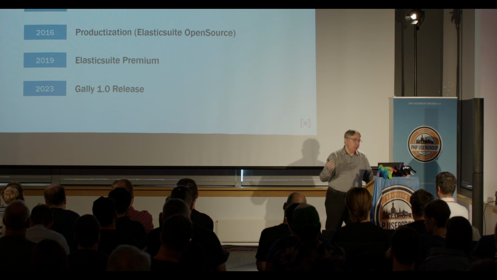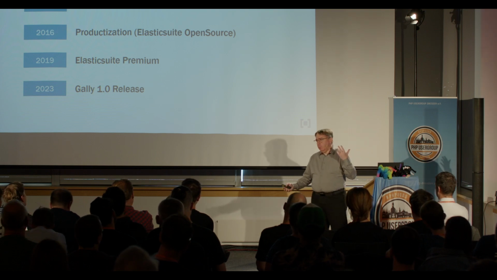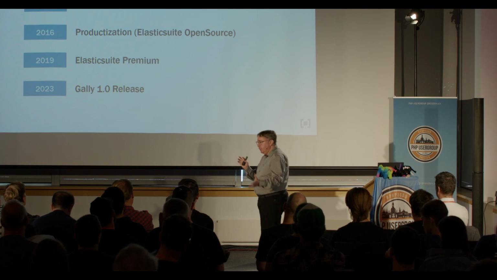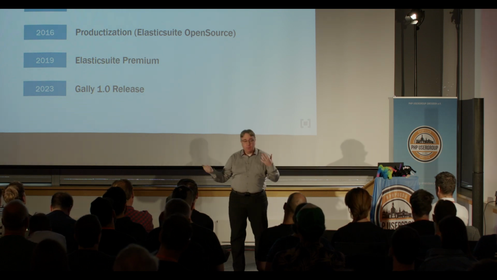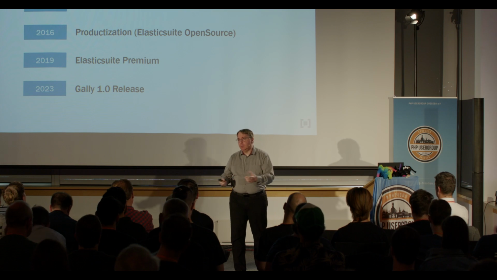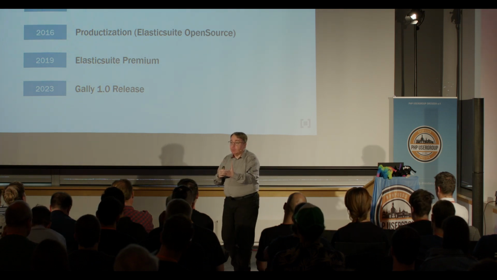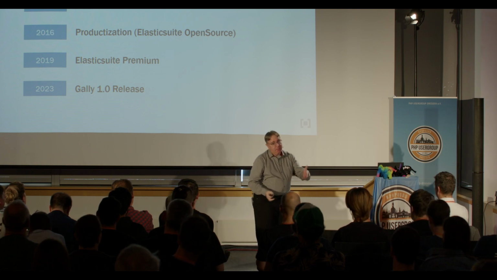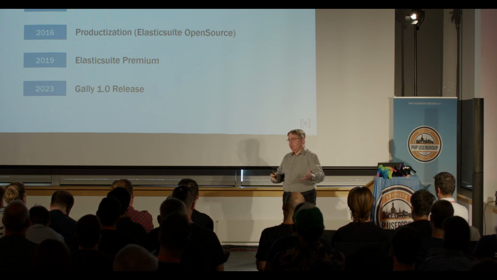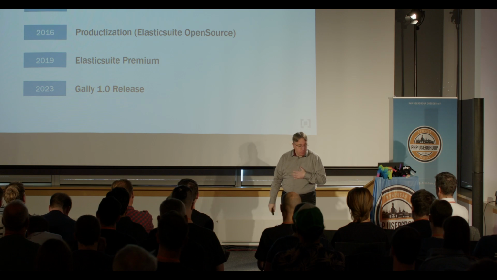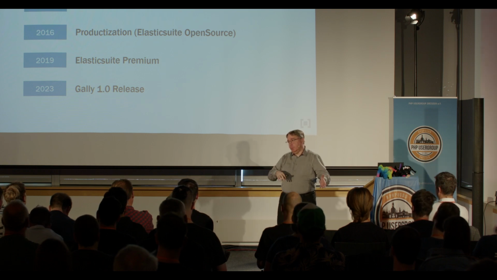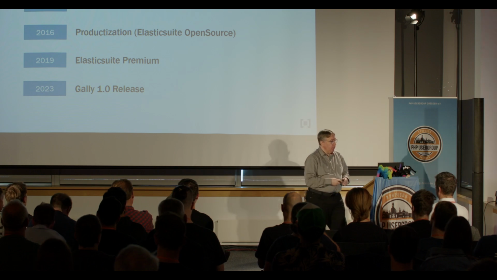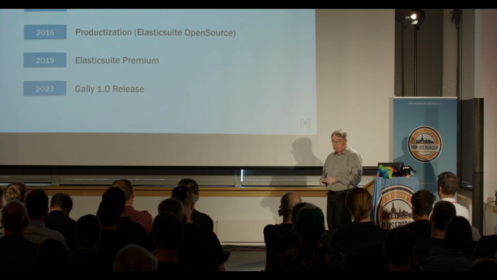So the Smile people figured out, why should we give up what we have built in the last 10 years if Magento completely disappears? Wouldn't it be cooler to create a microservice for search that can be plugged into any kind of e-commerce system or basically any kind of application? So Galley is very much focused on e-commerce, but you can totally do whatever you want with it. And that led to the 1.0 release last year.